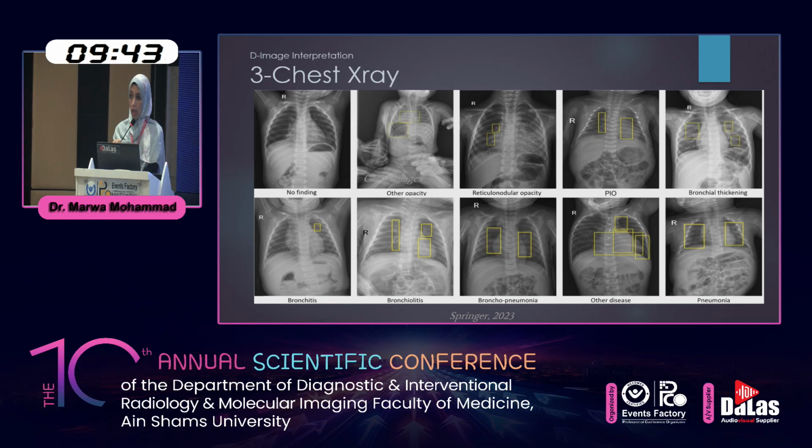Chest X-ray, whether it's normal, other opacities, reticular nodular opacity, and bronchial thickening, bronchitis, bronchiolitis, bronchopneumonia, other diseases as in the heart, and pneumonia.